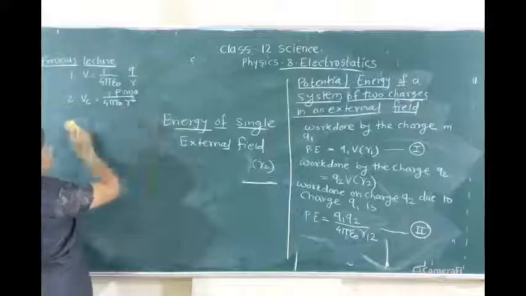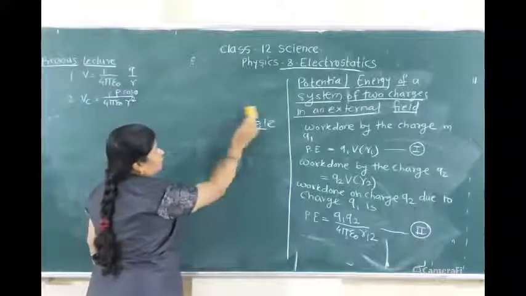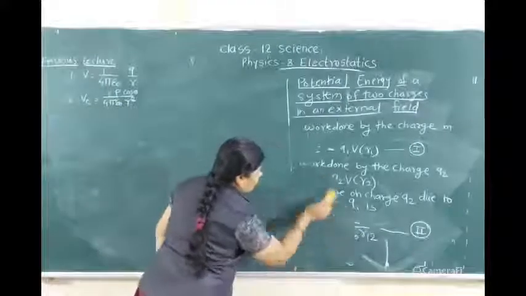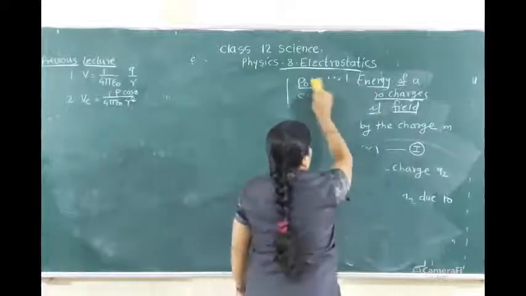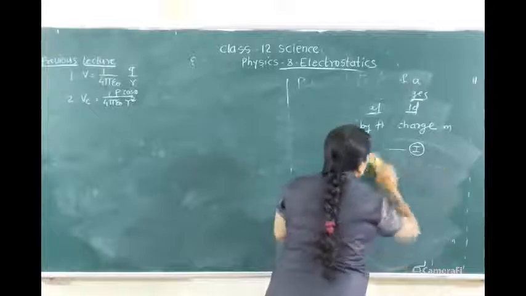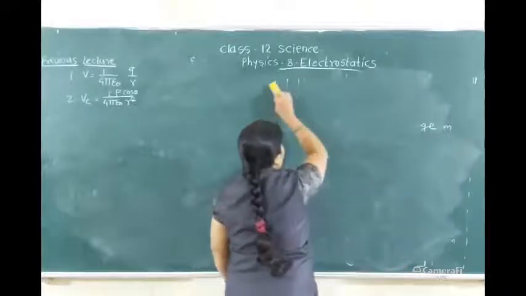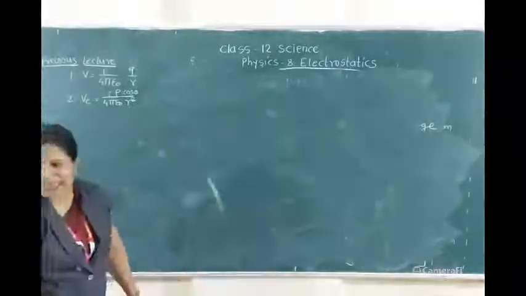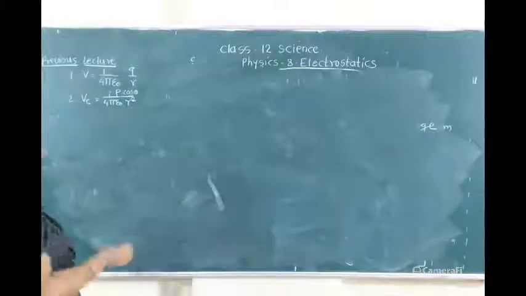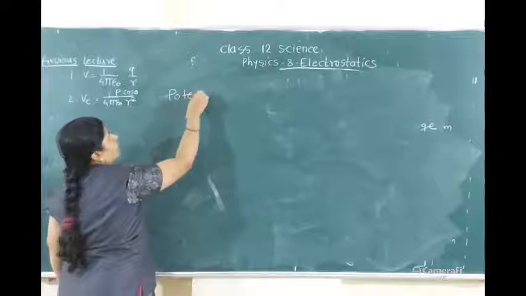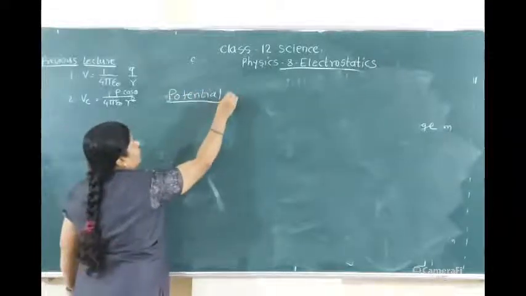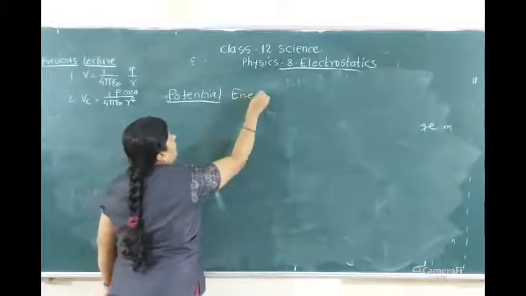So the next point is potential energy of a dipole in an external field.